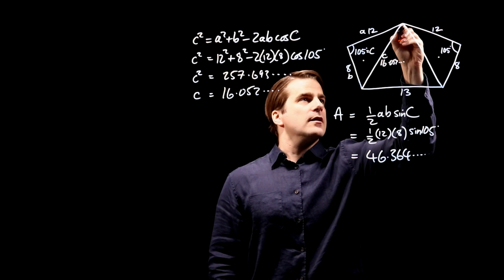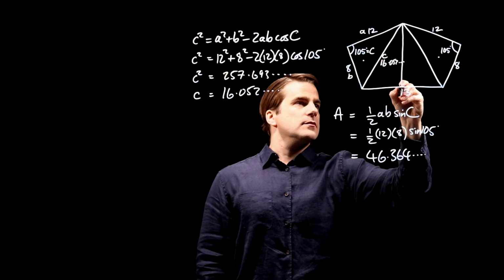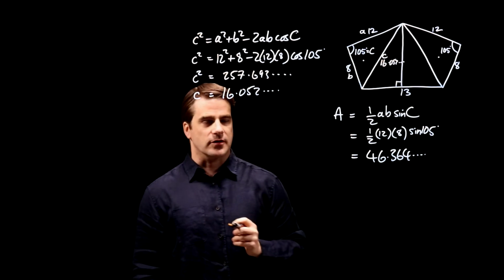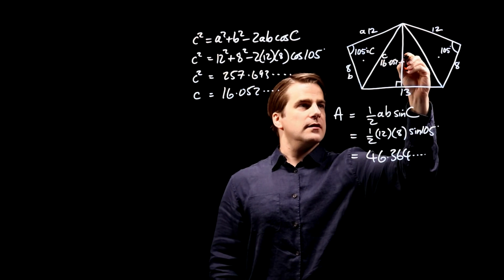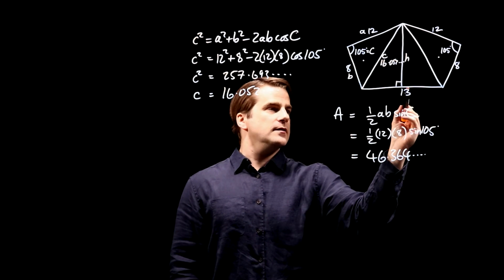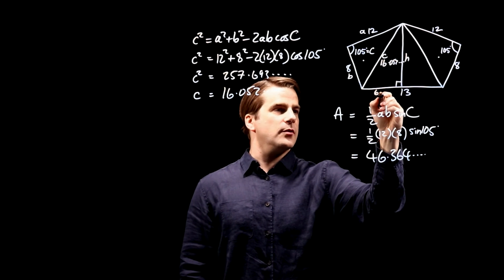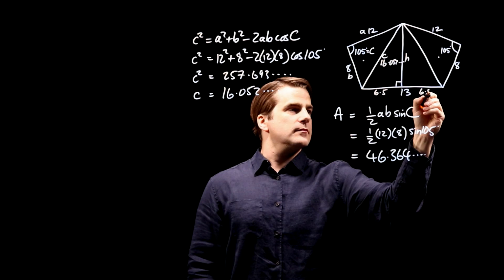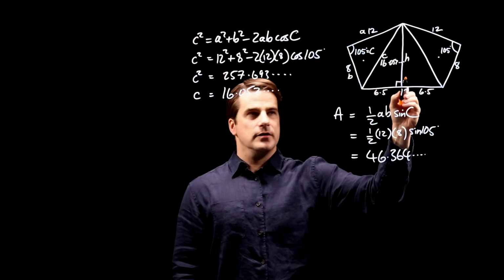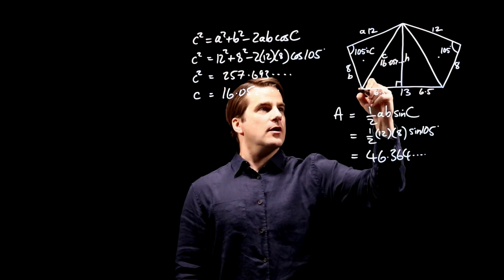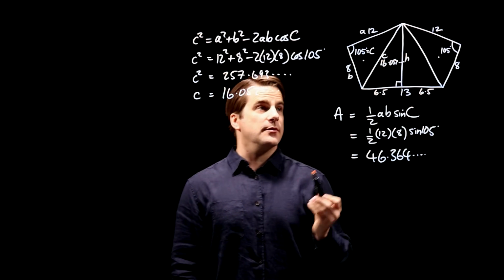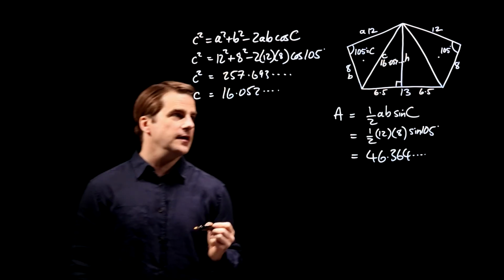And we want to work out the height. These two are the same, of course, because it's symmetrical. So let's call the height h. If that's 13, half of 13 is 6.5. So we have a right-angled triangle. We know the hypotenuse and this side here. So we can just use Pythag to work out h. Easy.